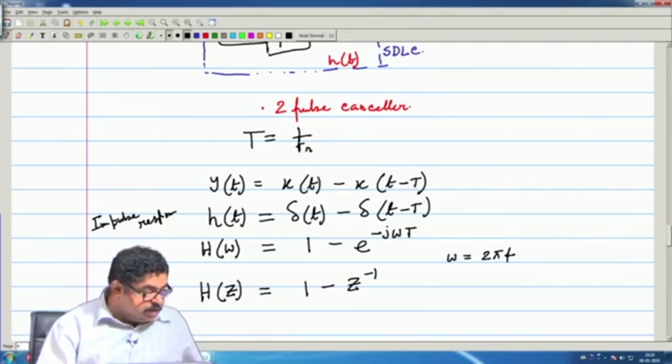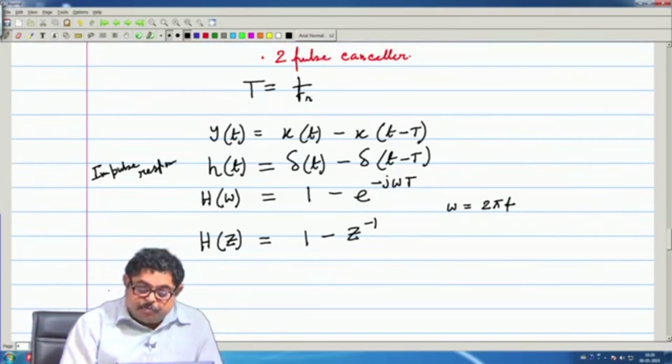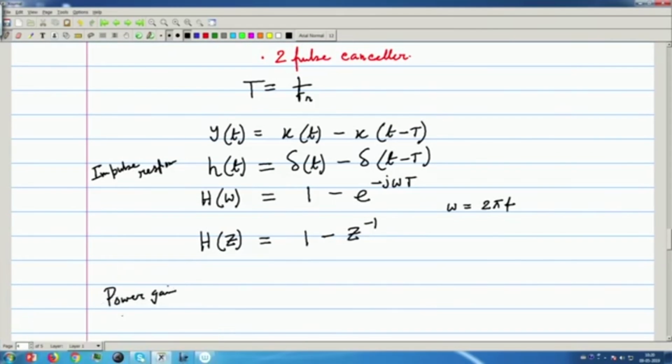So, I can easily find out the power gain of this MTI filter.